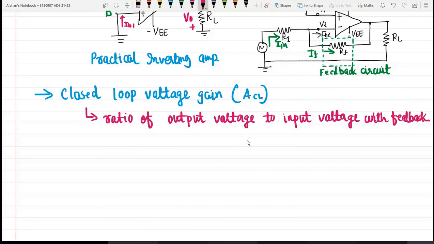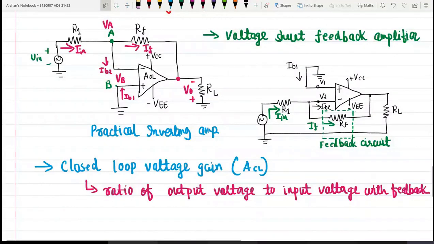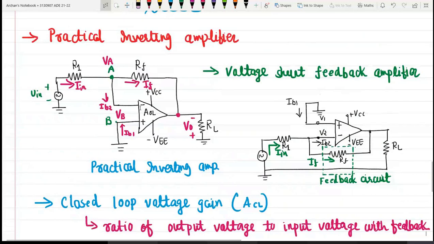Let us try to derive this. We'll consider this figure. Here we have node A and node B. At node A you can see the input current gets divided into two parts. To find out the voltage, we need to apply Kirchhoff's current law.